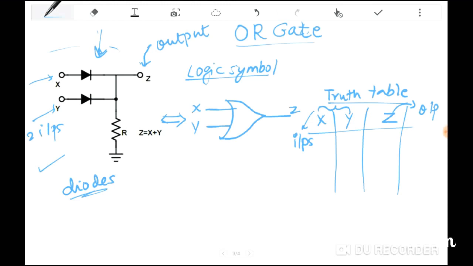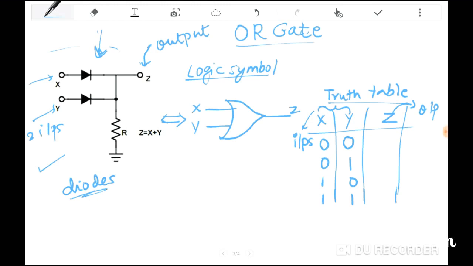Alright, so let's start it. We start by giving the normalized condition, that is 0 0. Then we go to 0 1. Then we go to 1 0, and in the last row we will write 1 1.